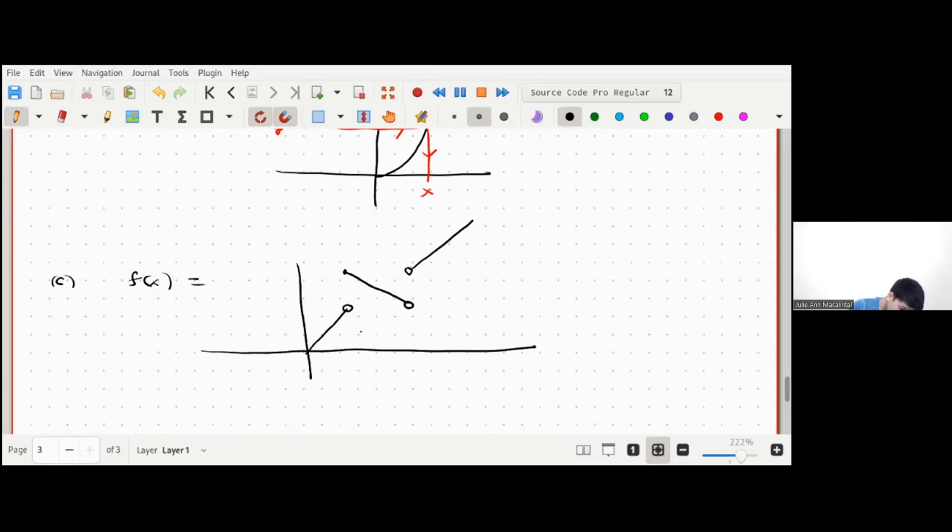Pero, pag tingnan natin, if we test, for each value of y, isa lang yung magiging corresponding value of x. Dito, this value of y will give us only this value of x. And so on. So, it's possible for this to be 1-to-1, pero hindi siya purely increasing or purely decreasing.